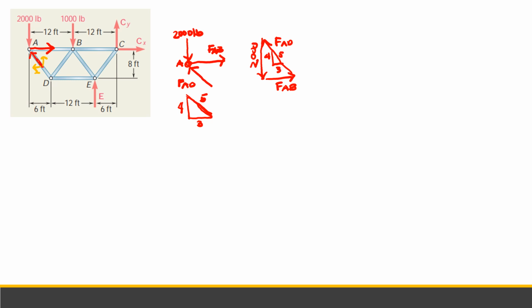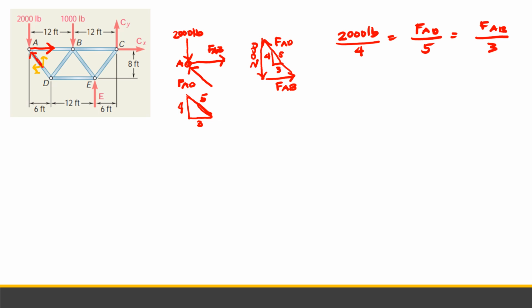So since they are both similar, we can use the proportion method. So 2,000 pound is to 4, force AD is to 5, and force AB is to 3.